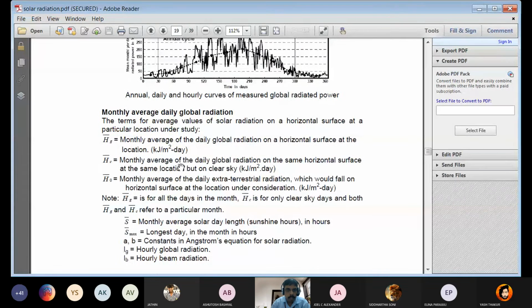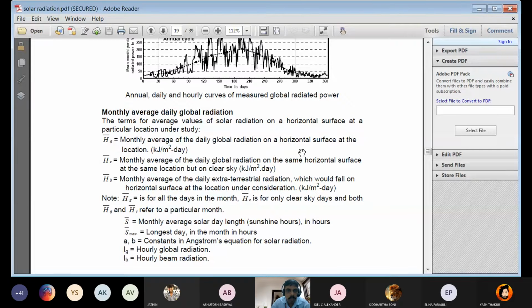Now you can take these terms. Monthly average daily global radiation. We are interested to estimate the average global radiation, that means total radiation on a surface, so we can have a correlation. For that we will define this terminology. Hg dash is the monthly average of the daily global radiation on a horizontal surface at a location.